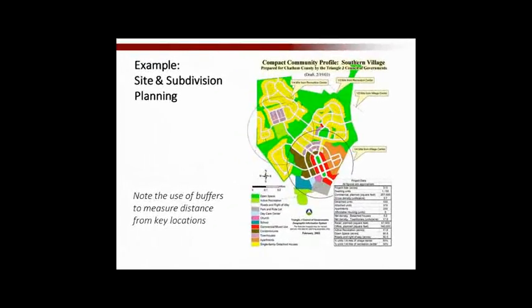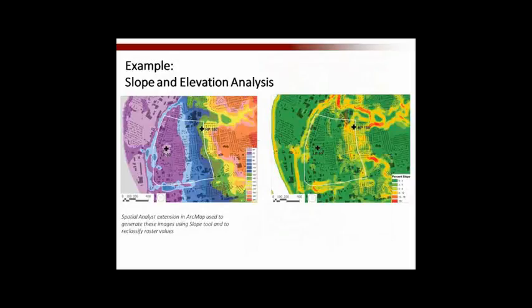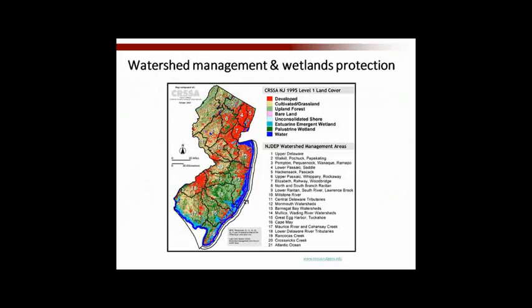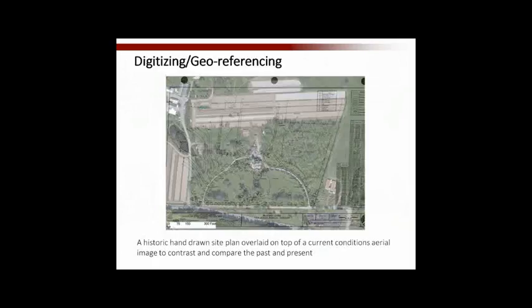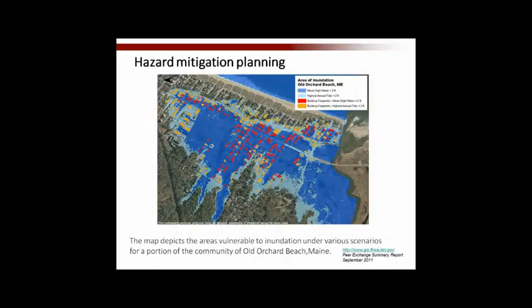Next, I'm going to run down a list of different types of projects that you can do and some of the map outputs that you can get from GIS. This one is site and subdivision planning, slope and elevation analysis, watershed management and wetlands protection, digitizing or georeferencing older maps, hazard mitigation planning.